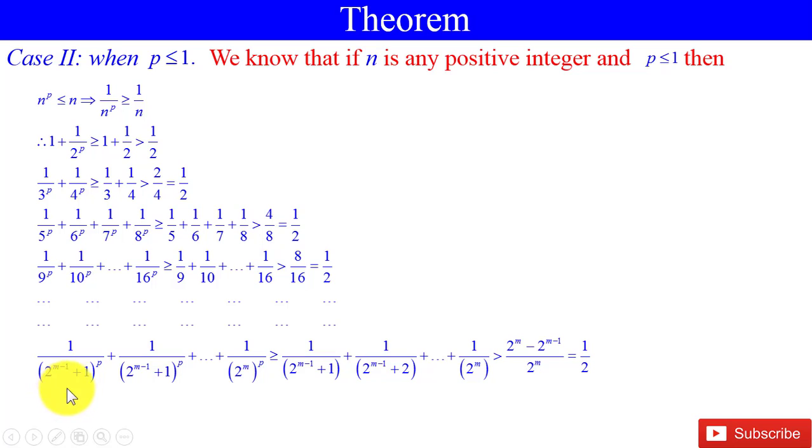1 by (2^(m-1)+1) whole raised to the power p plus 1 by (2^(m-1)+2) whole raised to the power p up to 1 by (2^m) raised to the power p is greater than or equal to 1 by (2^(m-1)+1) plus 1 by (2^(m-1)+2) plus up to 1 by 2^m, which is greater than (2^m minus 2^(m-1)) by 2^m, equal to half.